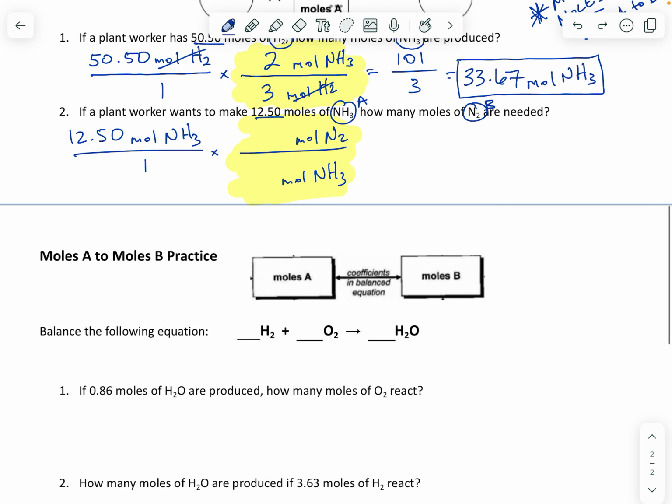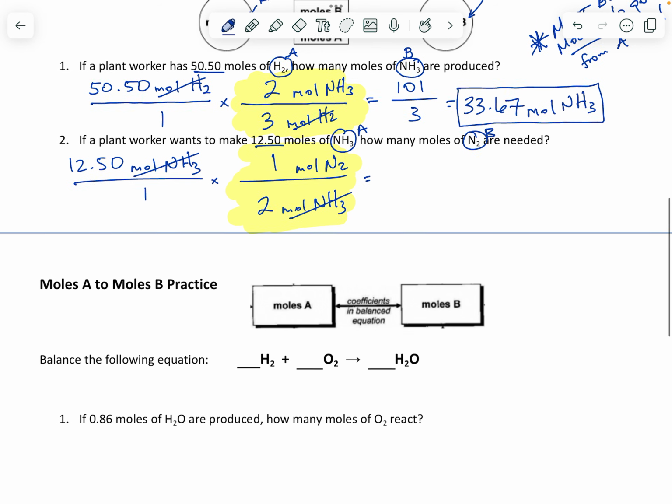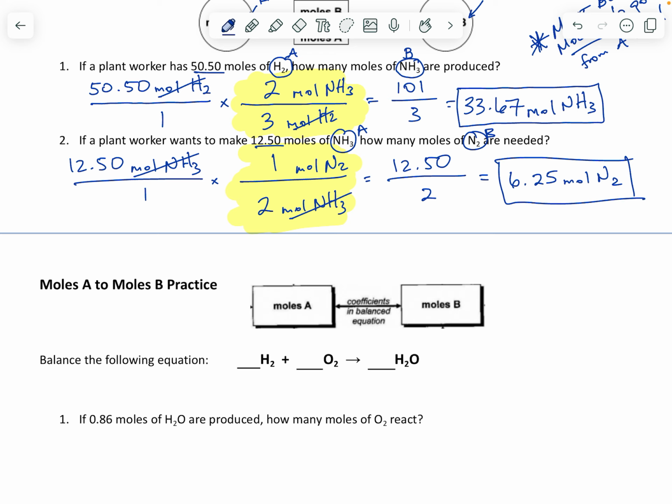So I go down here and I put 2 moles of NH3, 1 mole of N2, and then I solve. Moles of NH3 cancel out, and I'm left with the unit moles of N2. 12.5 divided by 2, and we should end up with 6.25 moles of N2.